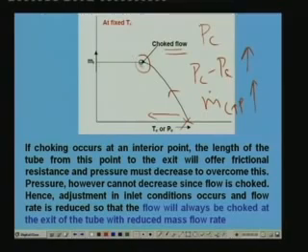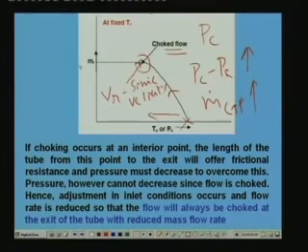This happens because at this point the velocity of the refrigerant reaches that of the sonic velocity. Once it reaches the sonic velocity, the velocity cannot increase further, so mass flow rate cannot increase further, so mass flow rate remains constant. This is a typical problem encountered in compressible flows, for example in nozzles.